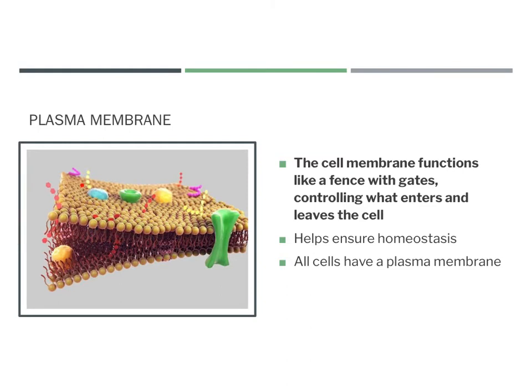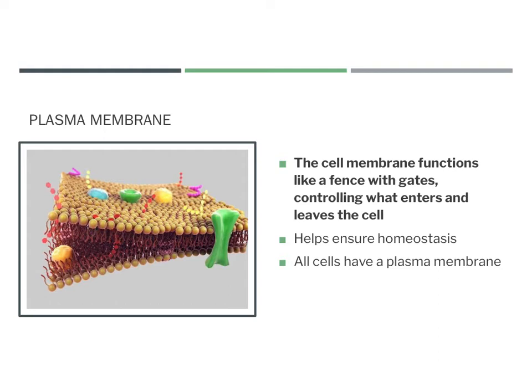All right, so here on the left is a computer-generated picture of the plasma membrane. You can think of the plasma membrane as similar to a fence with gates. It controls what enters and what leaves the cell. It's also a boundary between the inside of the cell and the outside of the cell.